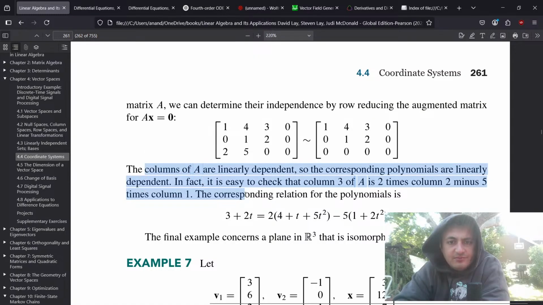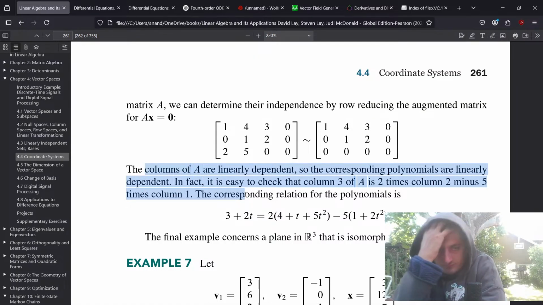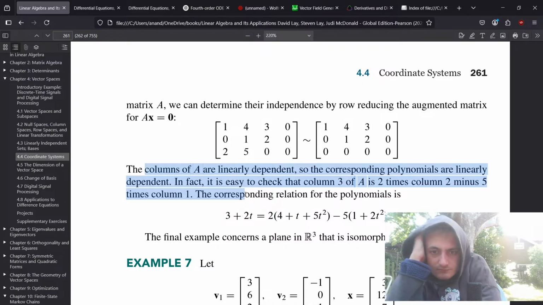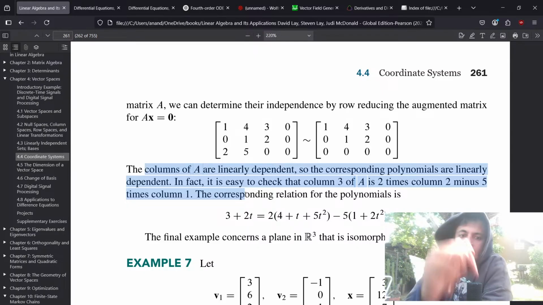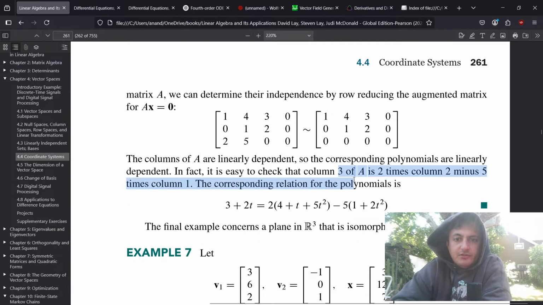The columns of A are linearly dependent. In fact, it's easy to check that column 3 of A is 2 times column 2 minus 5 times column 1.